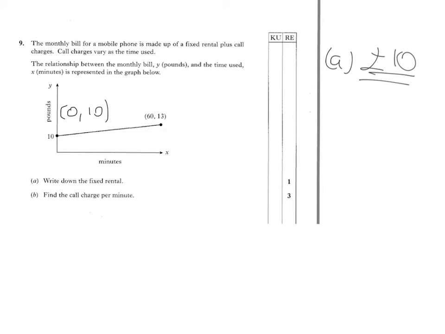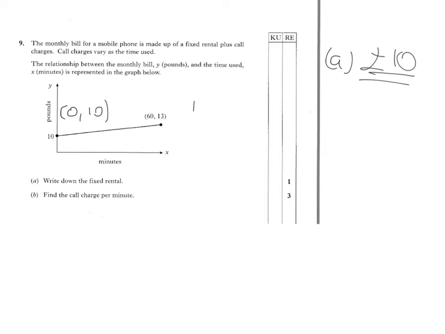So my first point is 0, 10, and my second point is 60, 13. I've been given the y-intercept. Since I've been given the y-intercept, I know that I should be using y equals mx plus c.